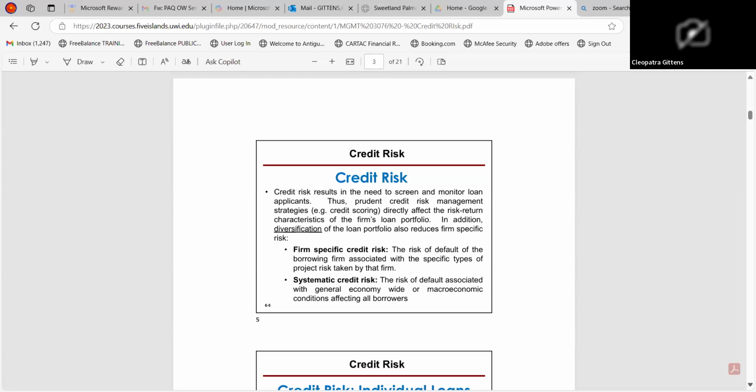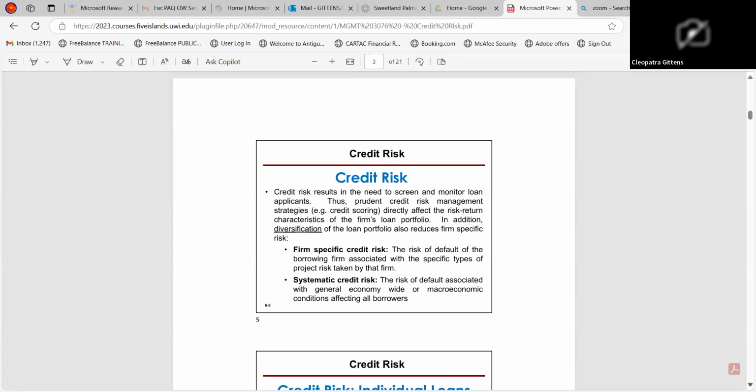Then you have what we call systematic credit risk. Systematic credit risk is the risk that arises from general economic conditions, specific macroeconomic conditions that affect all of the borrowers, right?